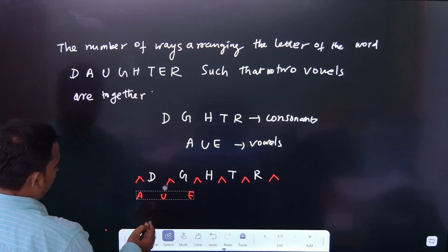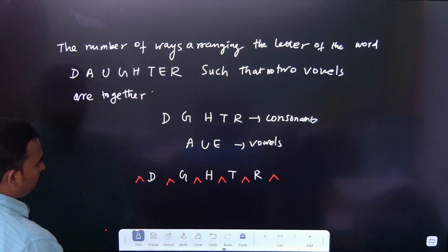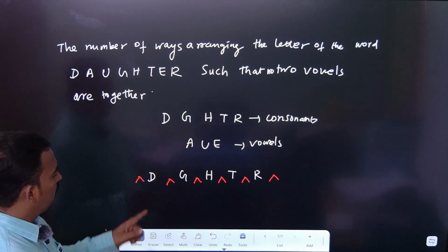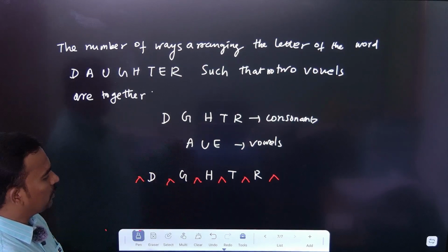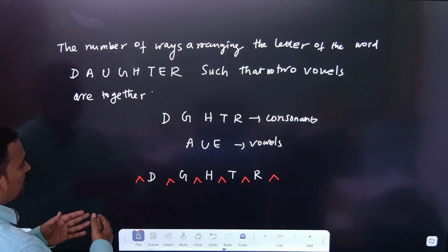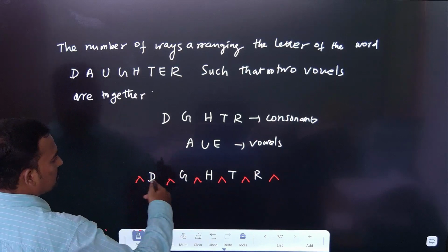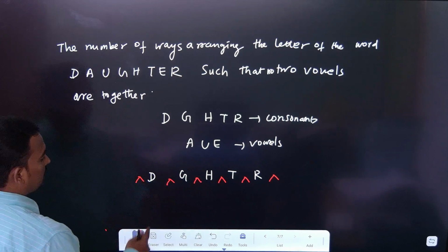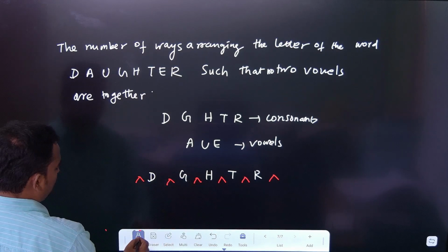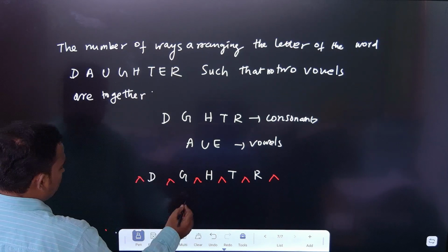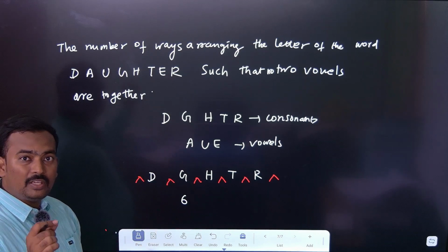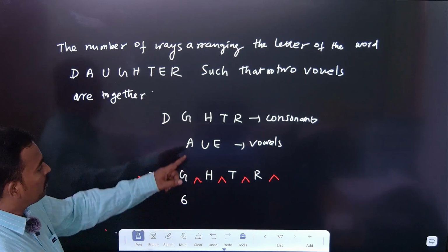So without restriction you first fill the consonants D, G, H, T, R in a row. In that you have to find the gaps, alternate positions only. There are 6 gaps, and you have to select 3 gaps, because there are 3 vowels.